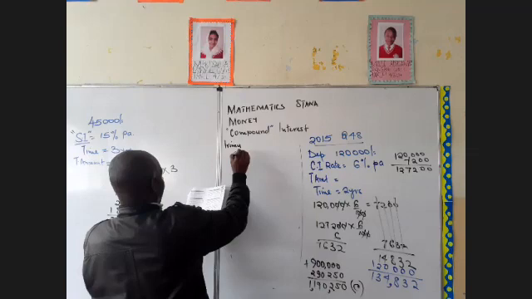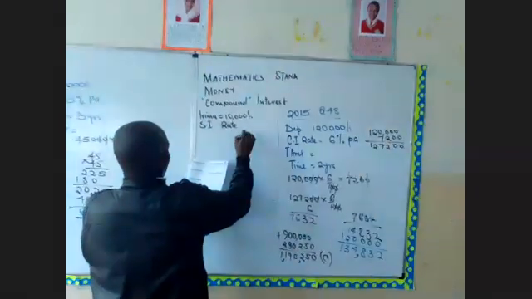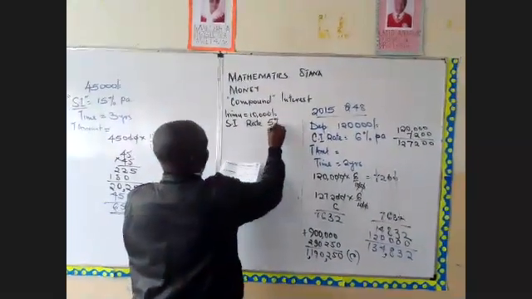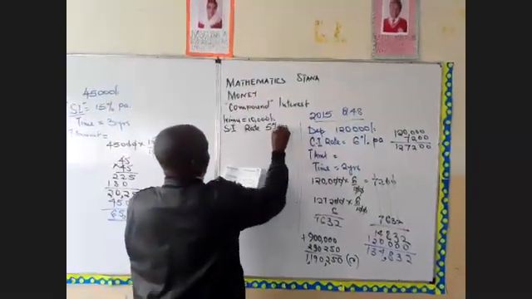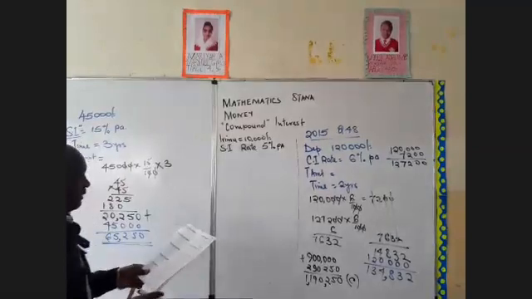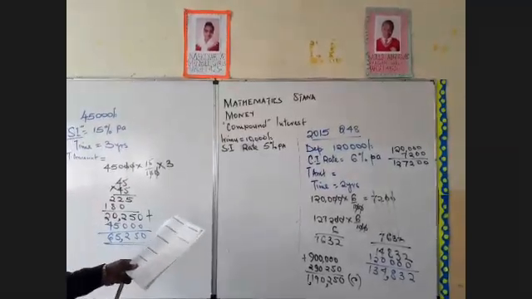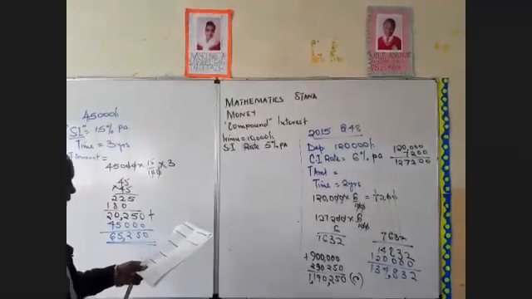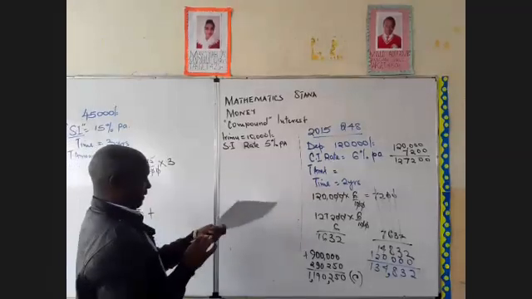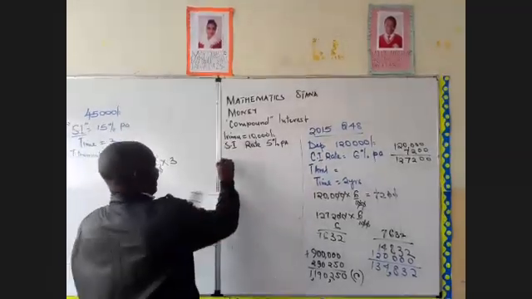Simple interest rate was 5% per annum. On the other side, we have a different trade on Ndege.